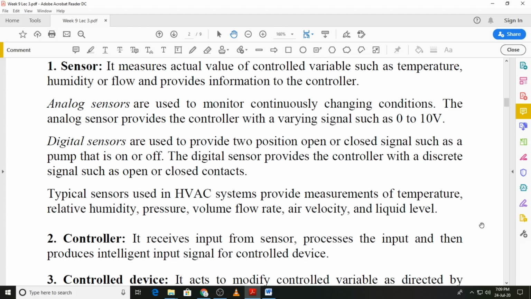Or you can have digital sensors, which provide signals which are discrete, that is on, off, or 0, 1. So those are digital sensors.